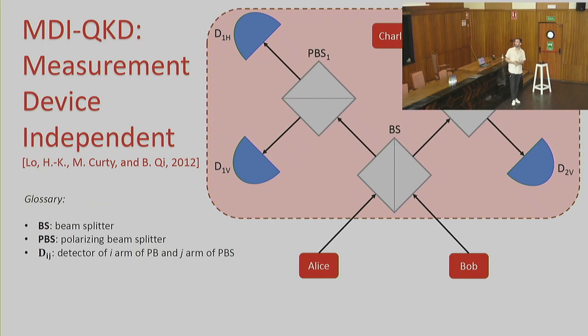But today I want to focus on measurement device independent protocol, which was invented by one of the collaborators of Victor, Marcos Curti. It's a little bit more complex because you don't have an emitter and a receptor. In this case, both Alice and Bob become emitters, and they send their states to an untrusted node called Charlie. Charlie will perform some kind of measurements, like he could detect photons there or there, any possible combination.